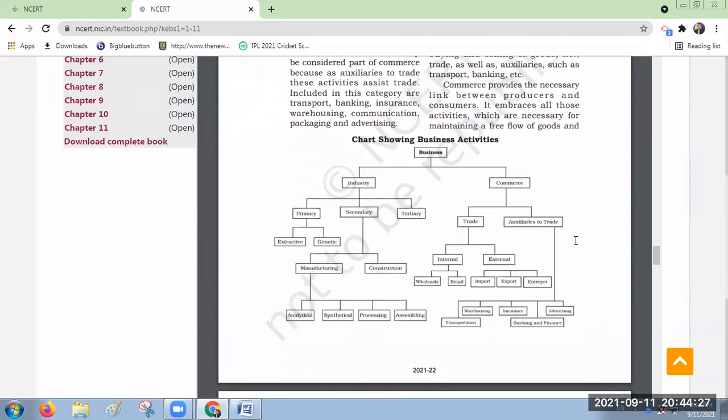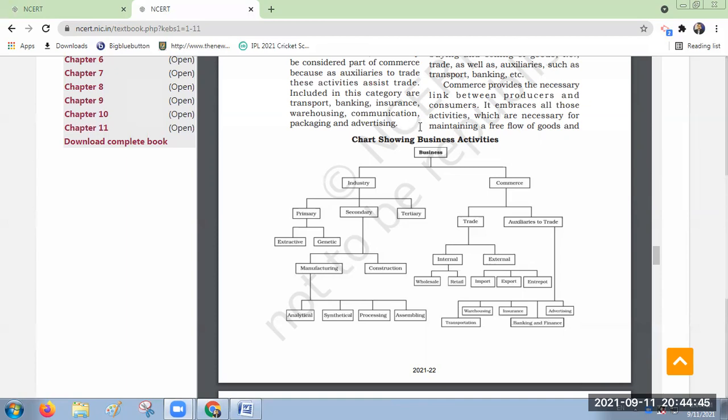Okay, right. So entirely this first chapter's total is this one only. I will increase the font size. Is it visible to you? Can you see it? Yes, sir.